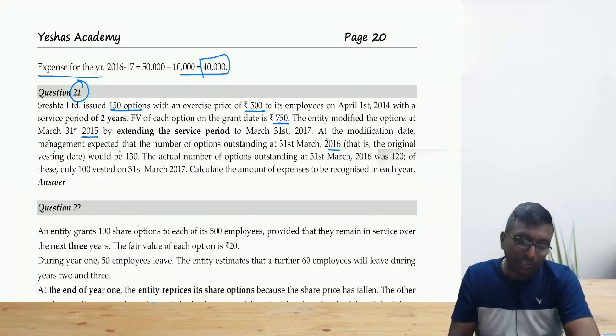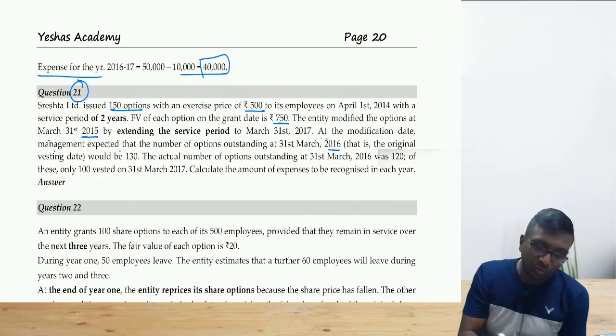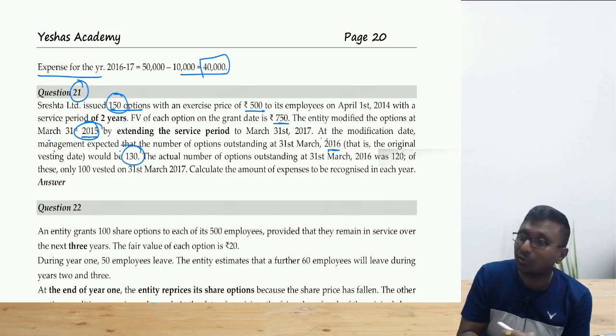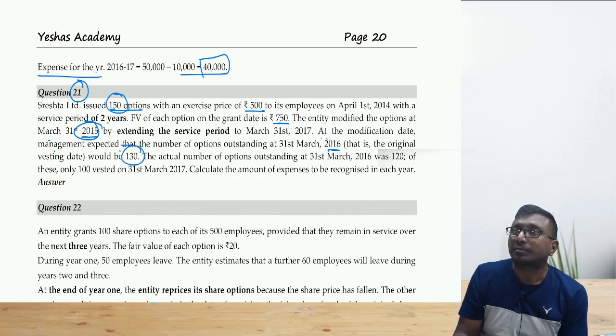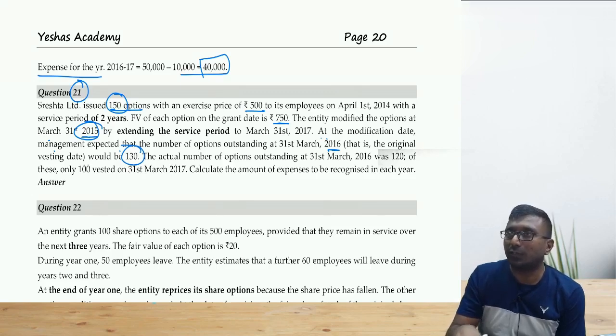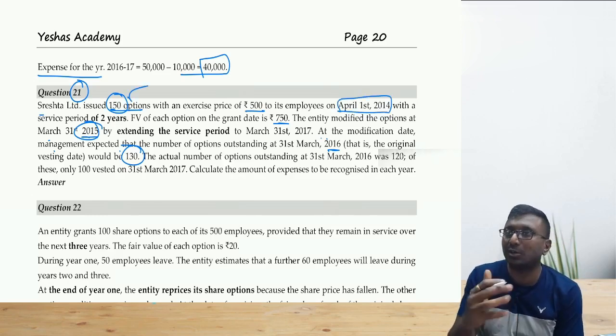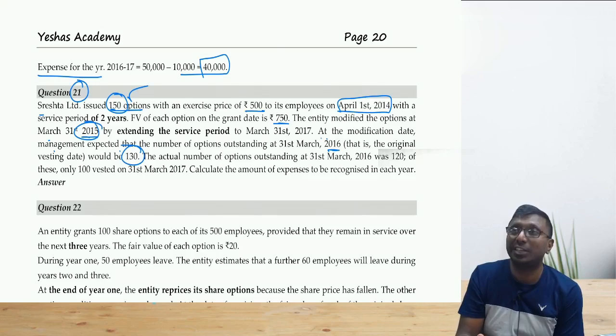Which date is the modification date? 2015. Correct. Then you are not supposed to take 150, you are supposed to take 130. On 1/4/2014 the number of options exercisable, that is Y0 beginning. Correct?